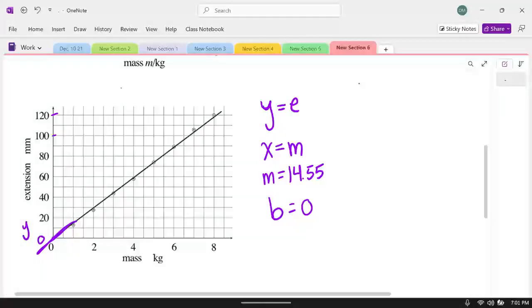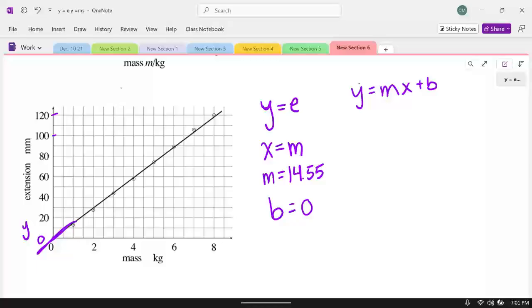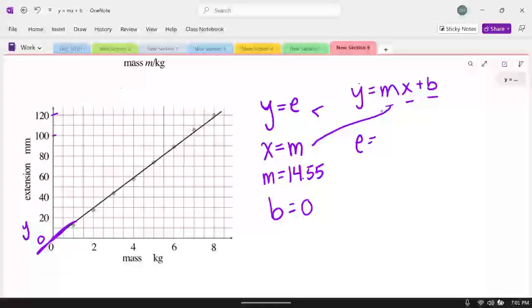Then we take y equals mx plus b, and we now rewrite this where every letter is something different now. Instead of y, I'm going to write e. Instead of m, I'm going to write 14.55.